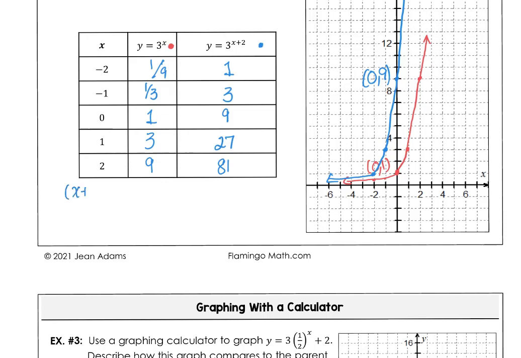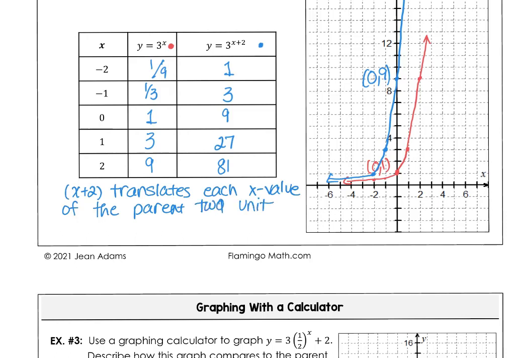Well, we know that the x plus 2 value translates each x value of the parent two units left, 2 units left.